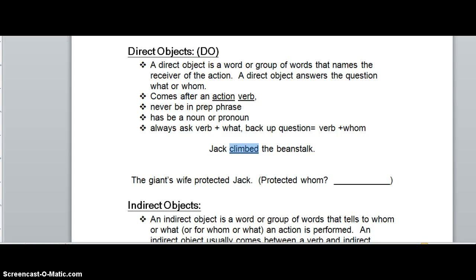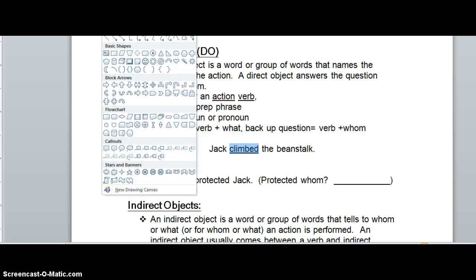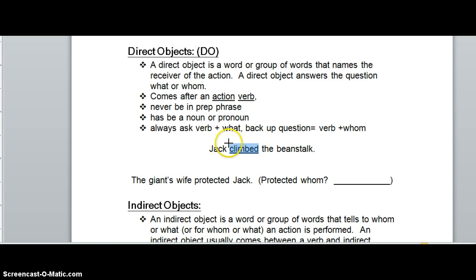But since I am not, I'm having trouble getting a tool that could do that quickly. So it would go right there. Then I'm going to say Jack climbed what? And my answer is beanstalk. So beanstalk is my direct object. It is a noun, and it is receiving the action.